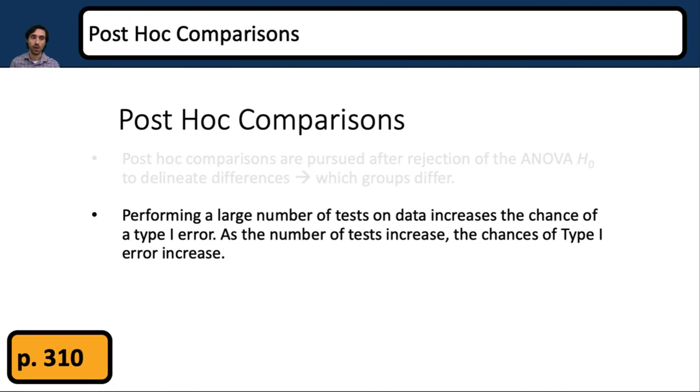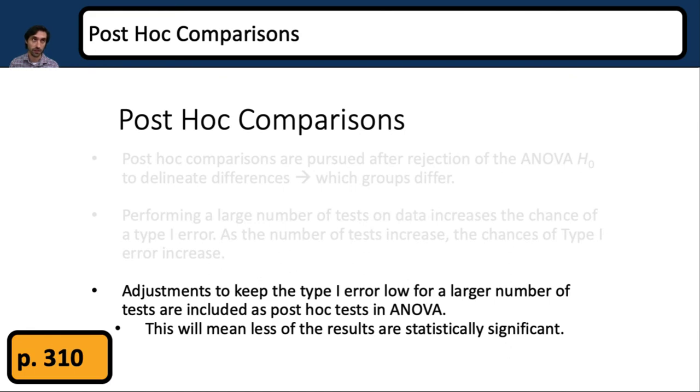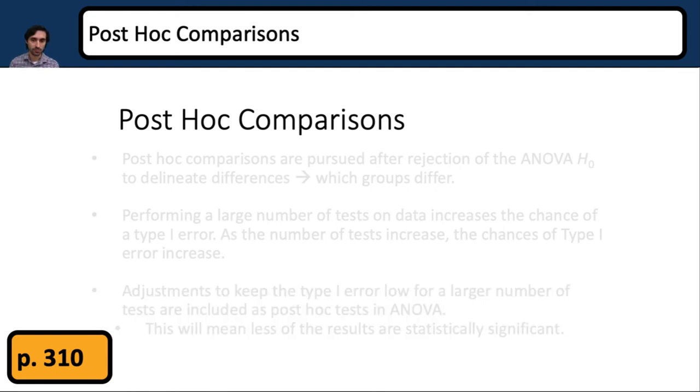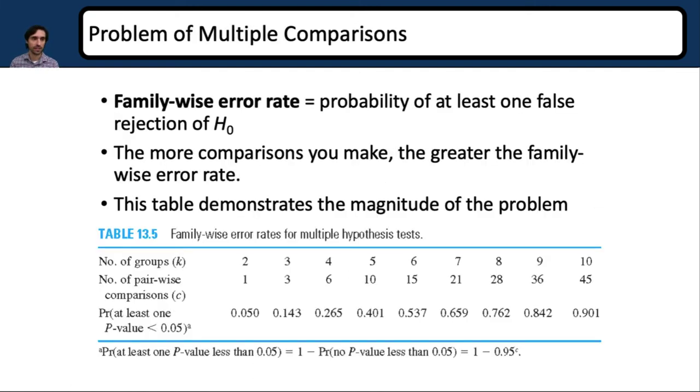Remember, we already talked about that: more tests means an increase in error chance. So adjustments need to be made to prevent a type 1 error, and that's where the post hoc comes in. Let's see what we get.